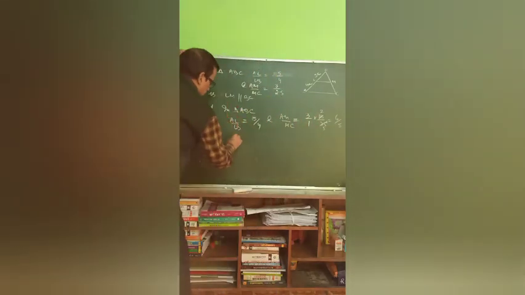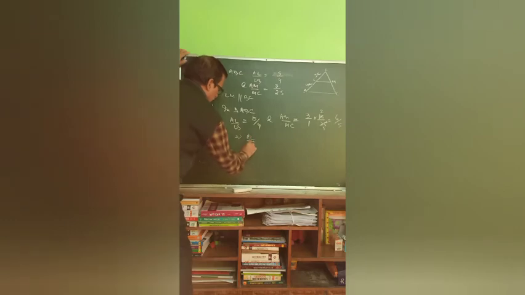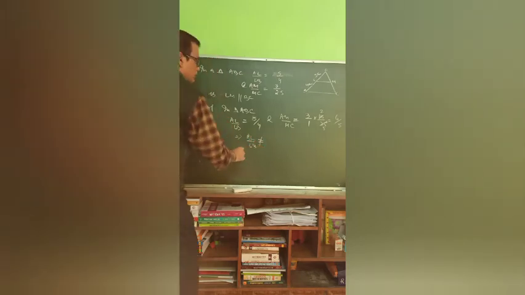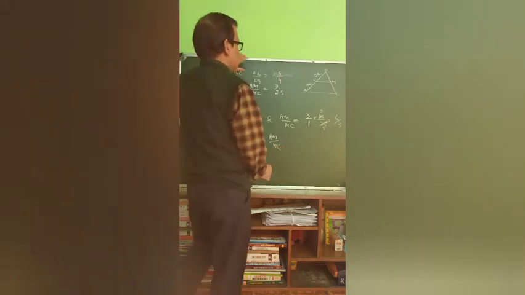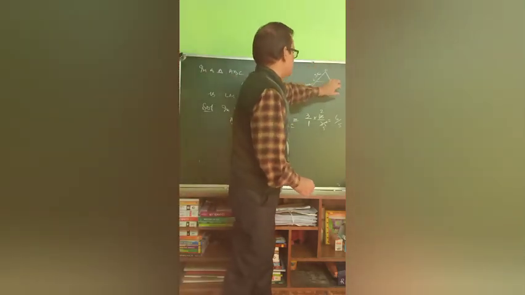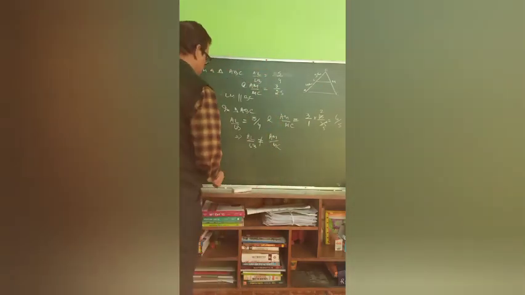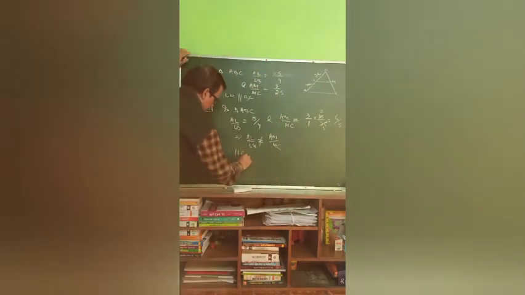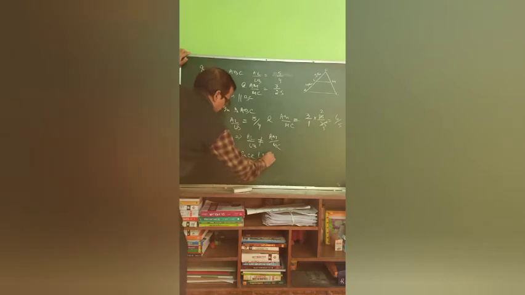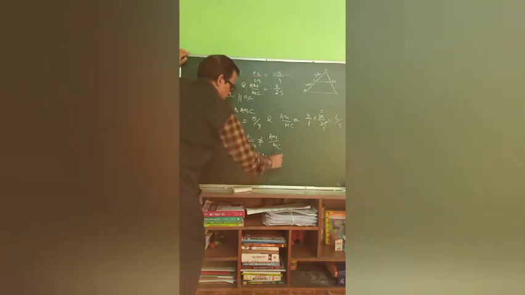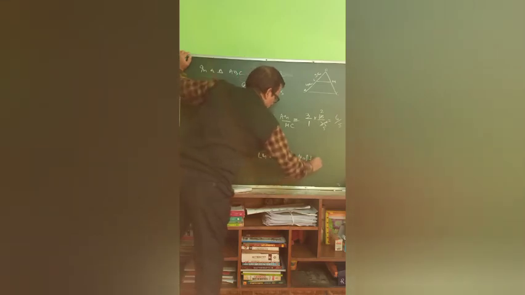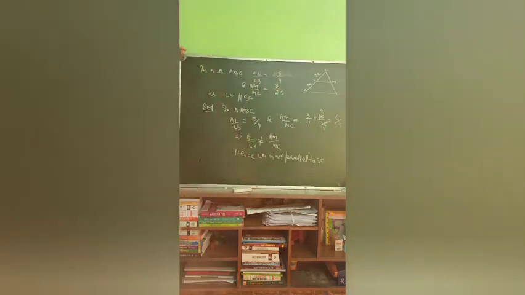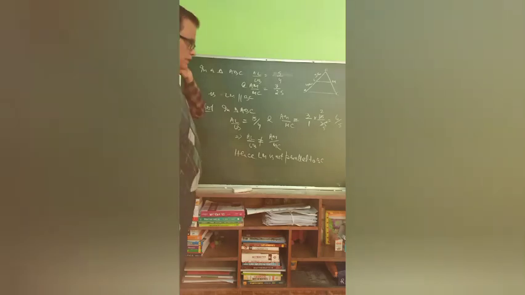So AL upon LB is not equal to AM upon MC. The ratio is not the same. Therefore LM is not parallel to BC. So this is what is related to the BPT and its converse.